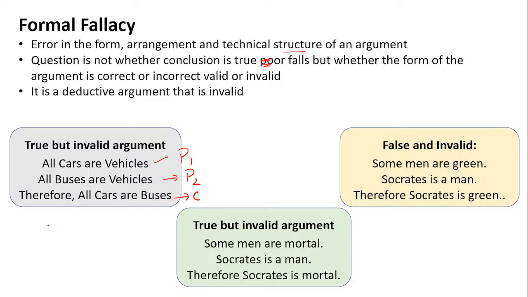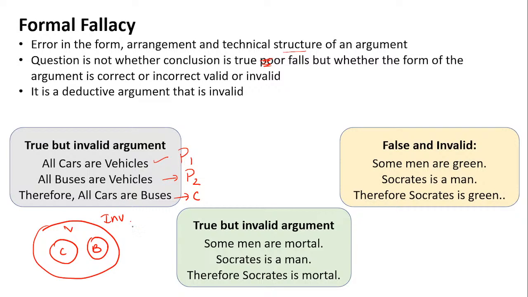If you make the circle for vehicles, with a car circle inside, and buses are also vehicles, you cannot call all cars buses. So the conclusion here is incorrect; the argument is invalid.